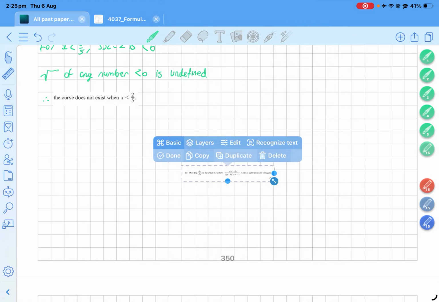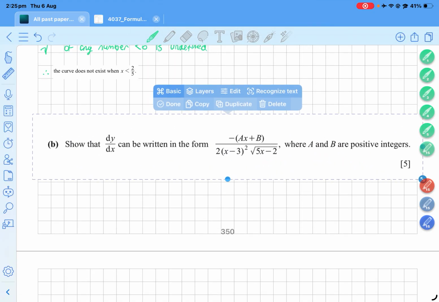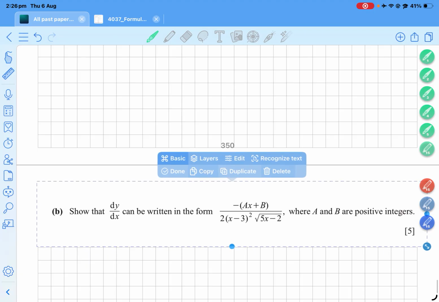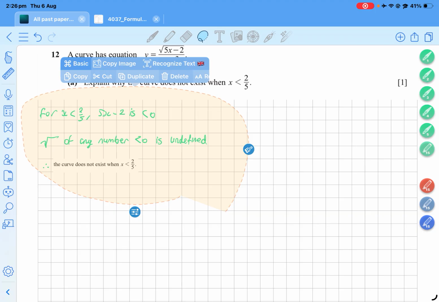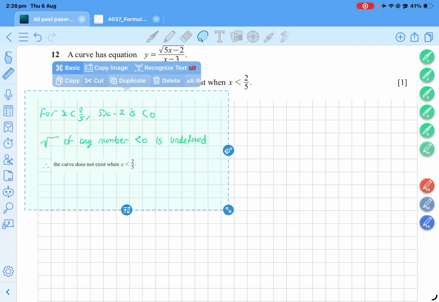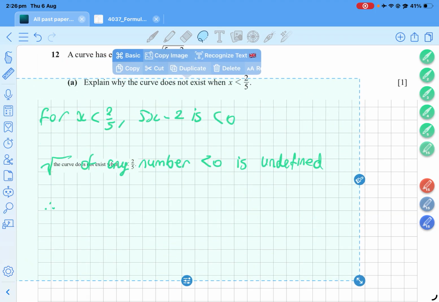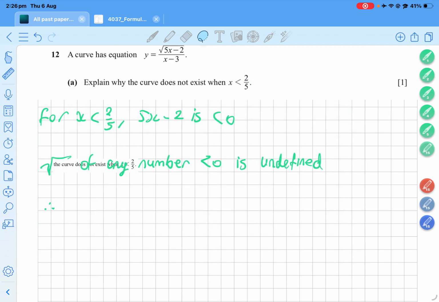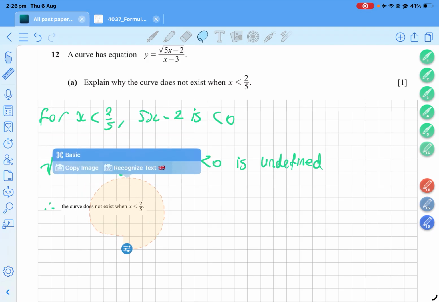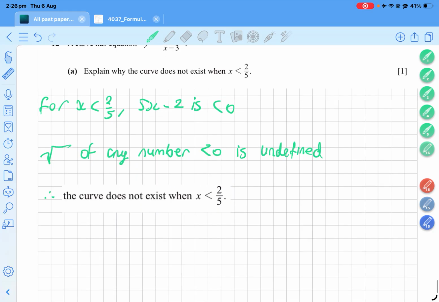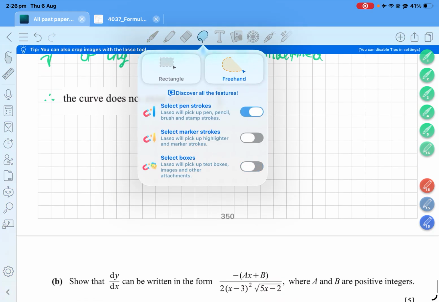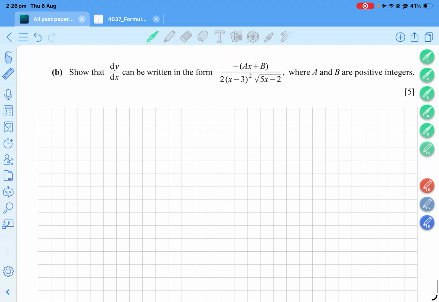Okay, then we have part B. Why don't we do it on the next page? Because I want to do some working. Let me just expand this out a little. So take this, and then I expand this. Okay, then dy by dx can be written in this form.